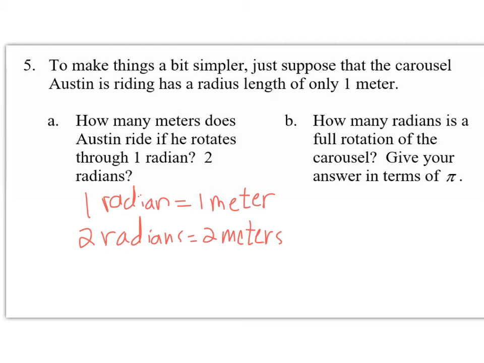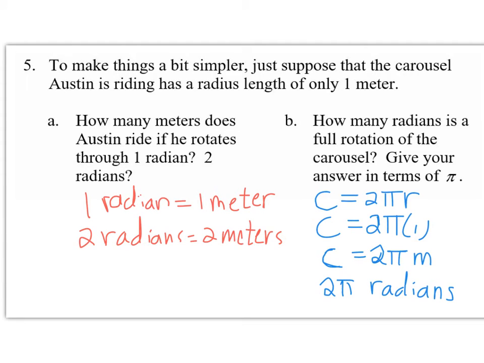All right, see if this is what you got. When our radius is 1 unit, the number of radians equals the number of meters it goes around. To do a full rotation, we just have to figure out the circumference. And when the radius is 1 meter, our circumference is simply 2 pi meters. So that means he actually goes around 2 pi radians.